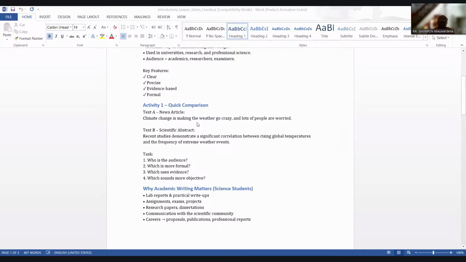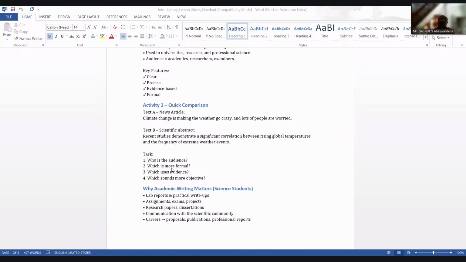Climate change is making the weather go crazy and lots of people are worried. Same thing. Recent research studies demonstrate a significant correlation between rising global temperatures and the frequency of extreme weather events. Audience, academics, researchers, examiners.